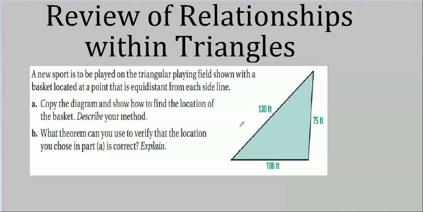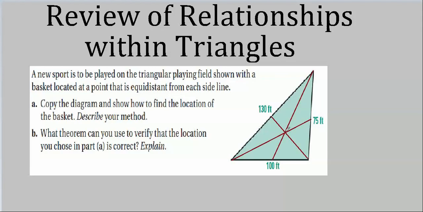So if we draw in our angle bisectors, the point where they all intersect will be equidistant from each side of the triangle. See, there's one, there's another one, and there's the third one. So we've got these angle bisectors. That is the point equidistant from each side.